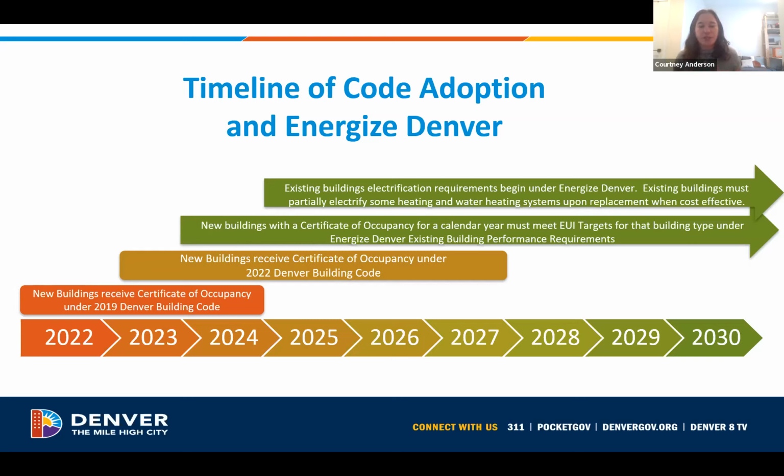And then in 2025, existing buildings that replace water heating or space heating systems will be required to partially electrify some heating and water heating systems when it's cost effective. So existing buildings will be required to start electrifying some systems upon those replacements during the same period of time when new buildings will be built under this 2022 code cycle.